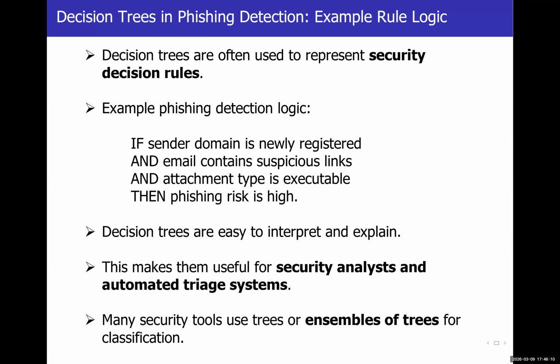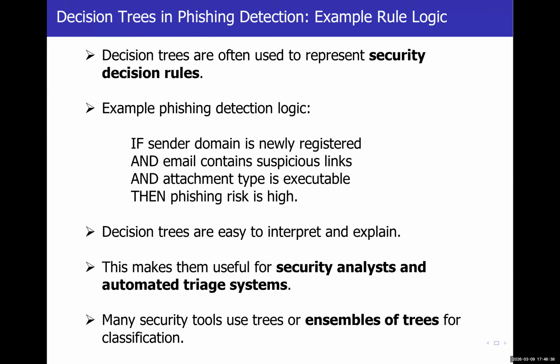And then applying this to a cybersecurity example, we'll talk about decision trees and phishing detection. First, talking about some example rule logic, and then on the next slide, we'll look at a visual model. So in cybersecurity, decision trees can represent security decision rules used in automated detection systems.